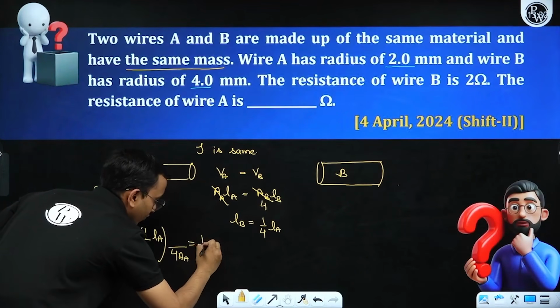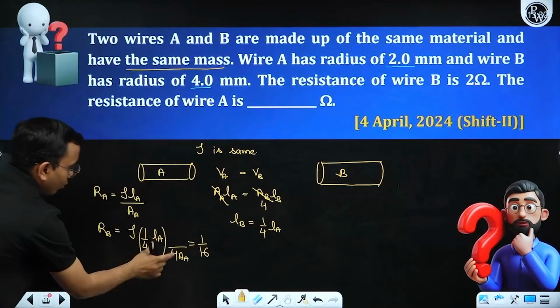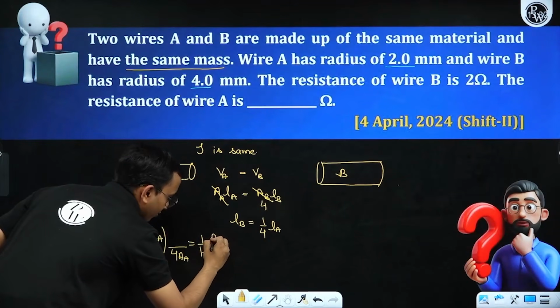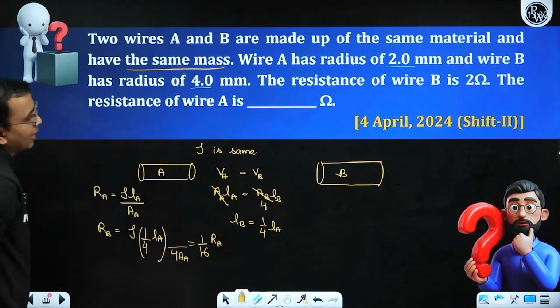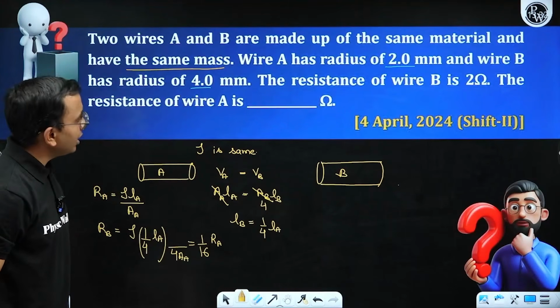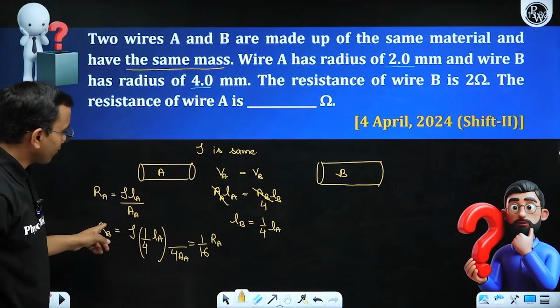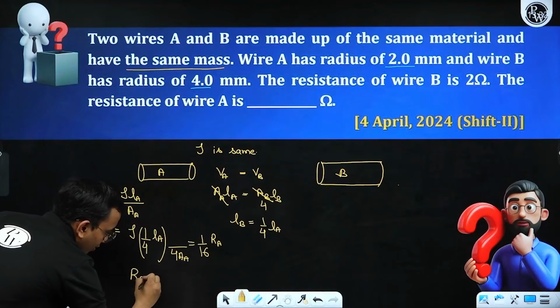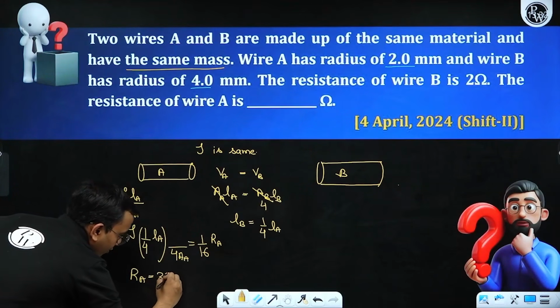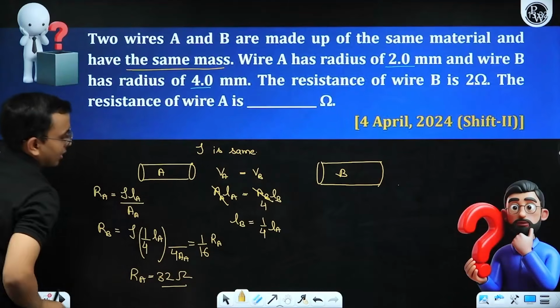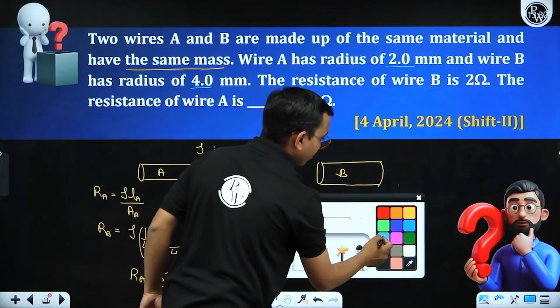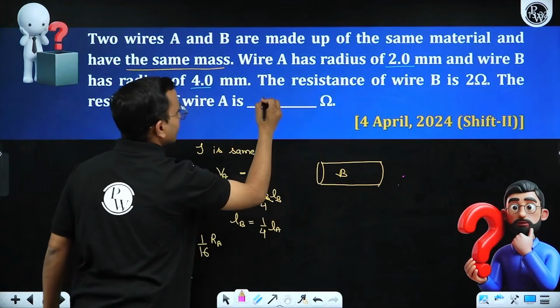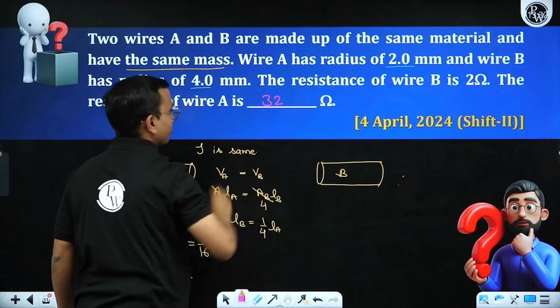So this is basically 1/16 into rho L by A, which is the resistance of A. Now the resistance of B is given as 2 ohm. So if I put 2, R_A will become 32. This is what we need to mention. So this is 32.